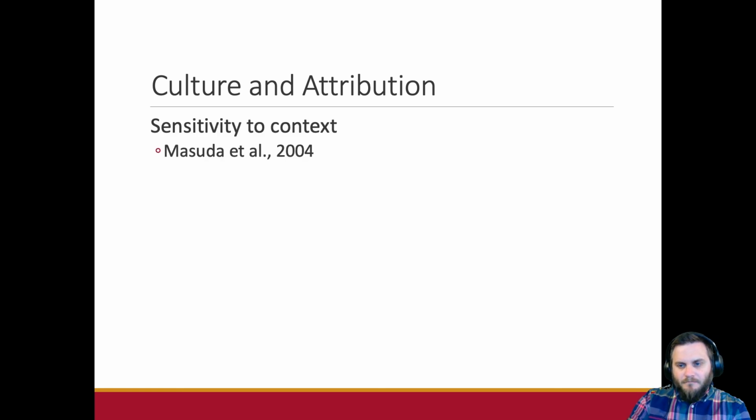Now, culture plays a big role in the fundamental attribution error, because all these Westerners seem to do it. But context is key. Before I talk about Westerners versus Eastern cultures, most of the world's people pay more attention to social situations than Westerners do. This was seen in a study by Masuda and colleagues in 2004.